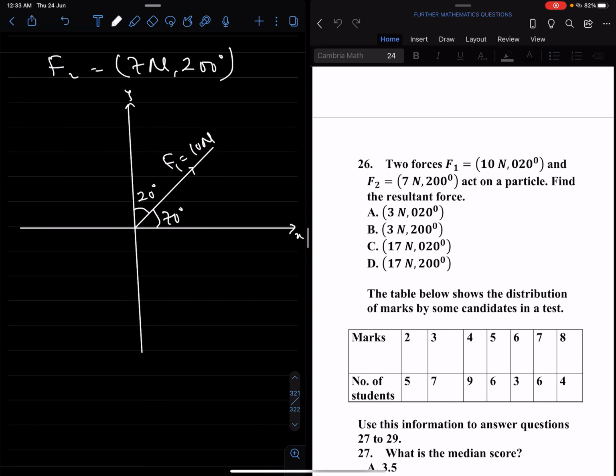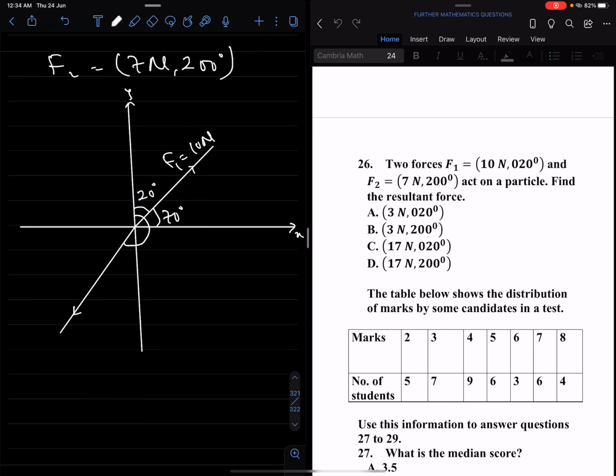That's F1, and F2 acts at angle 200 degrees and it's 7 newtons. So that goes this way. 200 degrees is somewhere around here. I can put that here. That's 200 degrees.